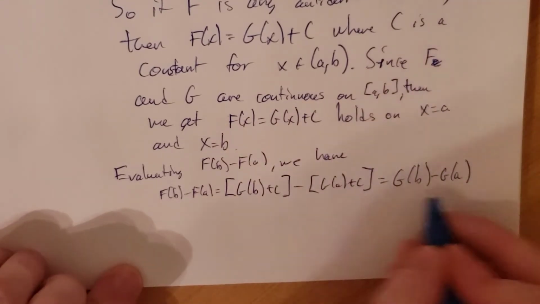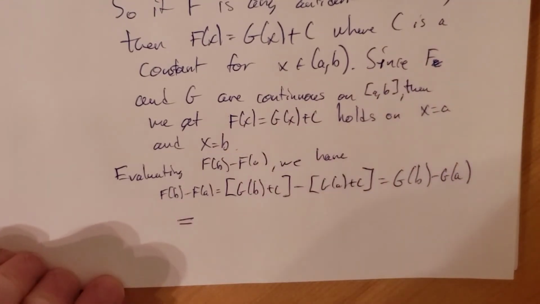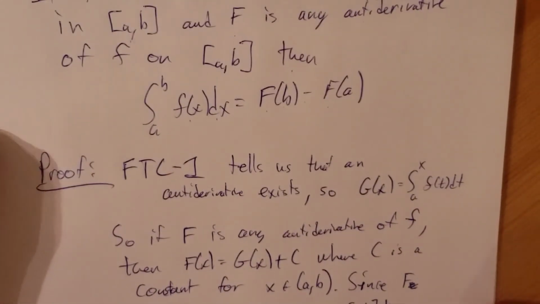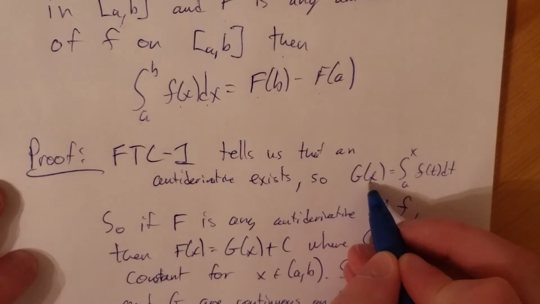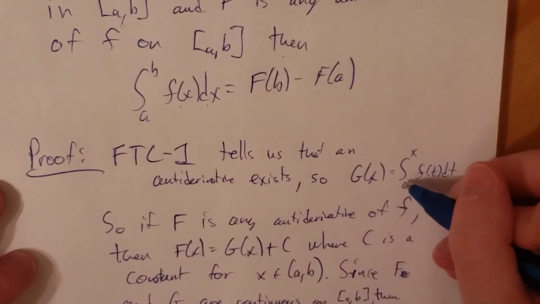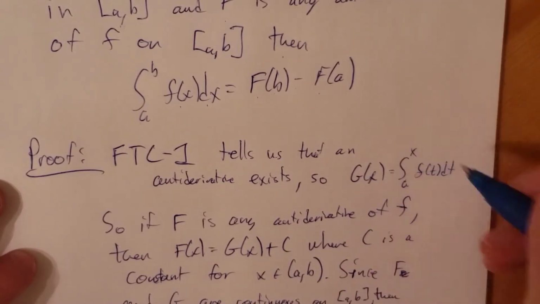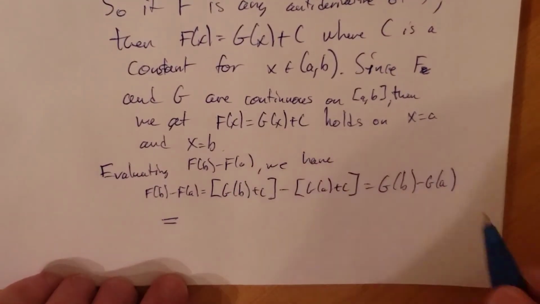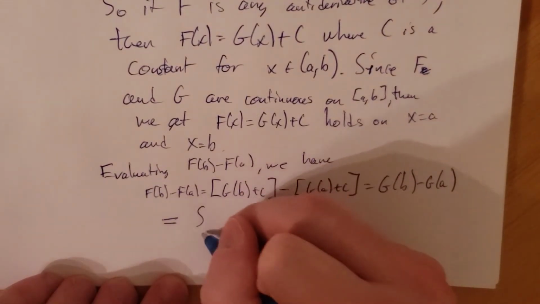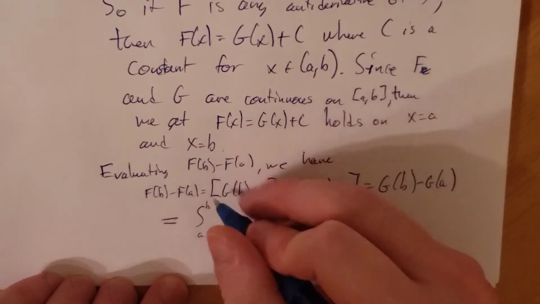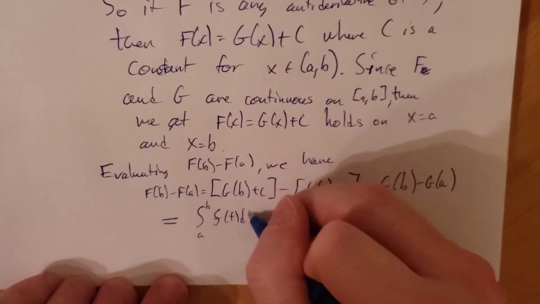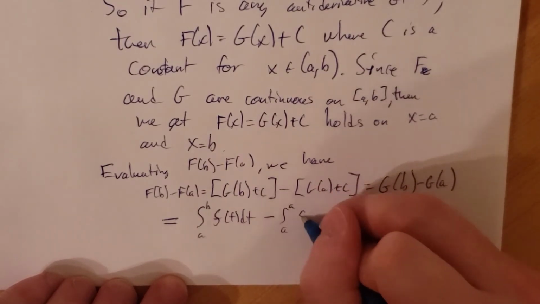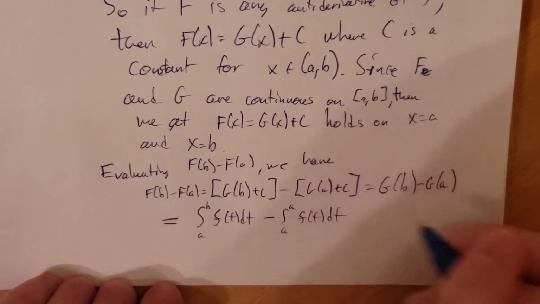But what was that? Well, this was, as we defined it, right? g of x is just the definite integral from a to x of f of t dt. So this tells us that g of b is the integral from a to b of f of t dt, minus g of a is the integral from a to a of f of t dt.